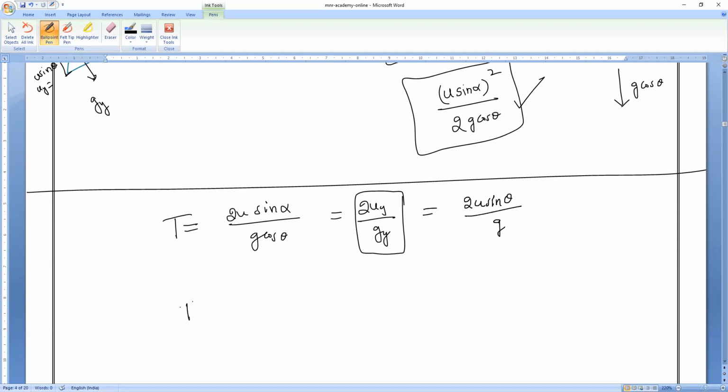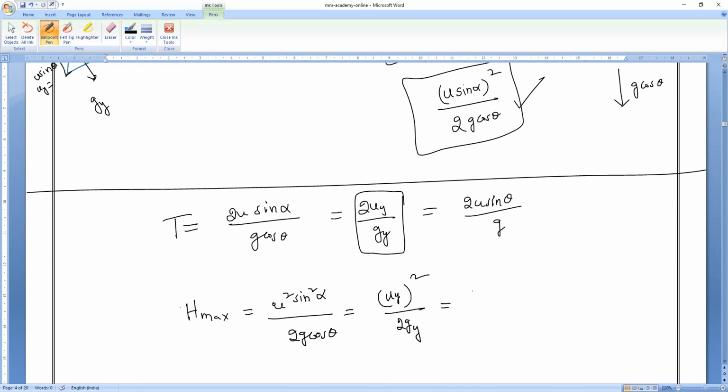Next, the maximum height attained by the body is u square sin square alpha divided by 2g cos theta. So we can replace this with the velocity in the y direction whole square divided by g in the y direction.